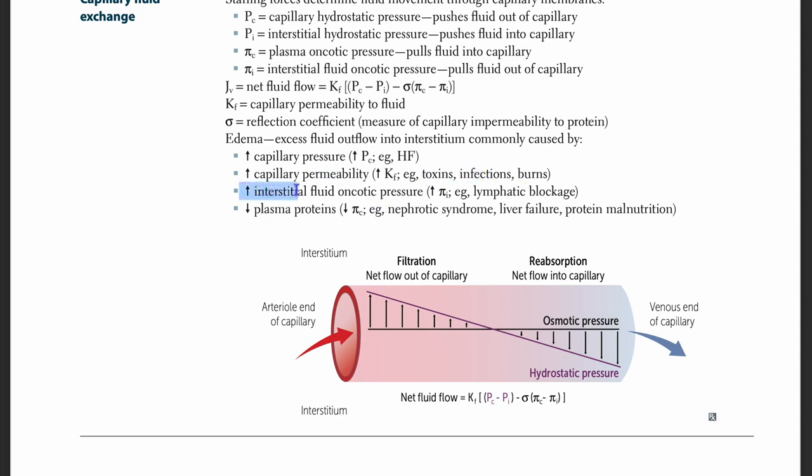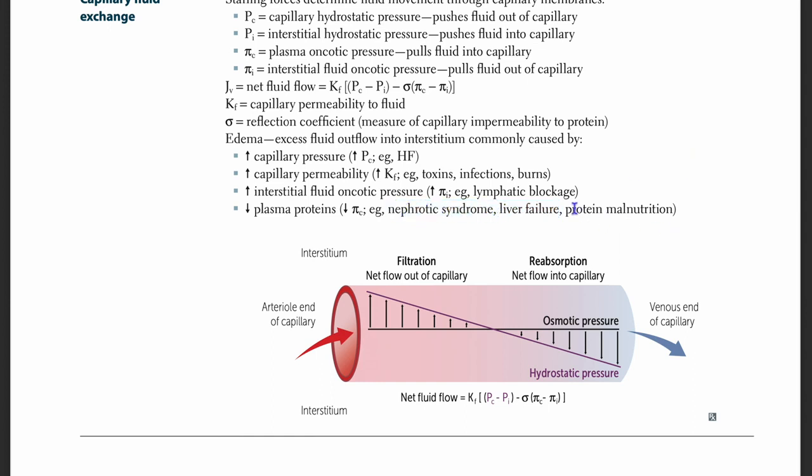Then you have an increase in interstitial fluid oncotic pressure, for example lymphatic blockage. And then you have a decrease in plasma proteins, as in nephrotic syndrome or liver failure. Liver failure because the liver synthesizes the plasma proteins. Nephrotic syndrome because of leakage of protein, so you get proteinuria.